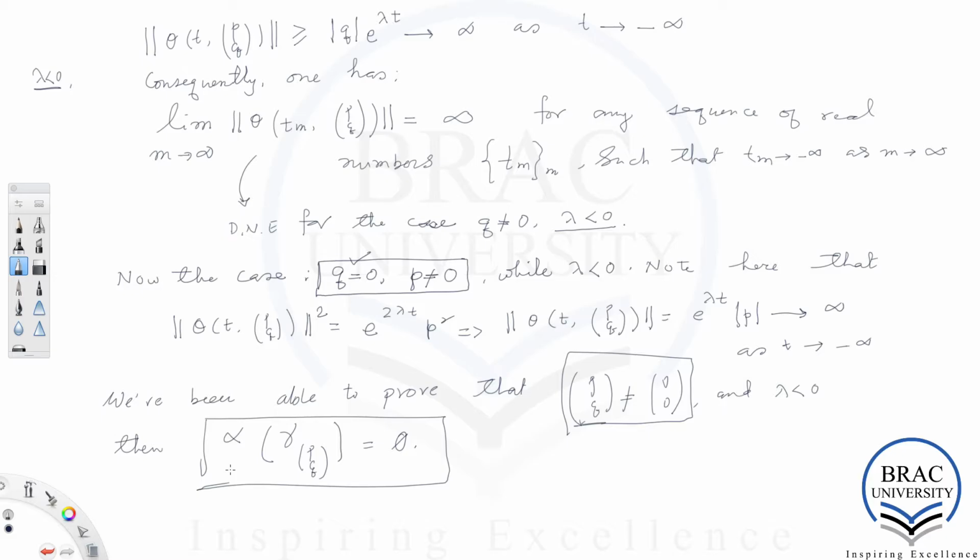Okay. Good. Finally, one notices that the norm of the vector theta(t, 0, 0). Now PQ is the zero vector.